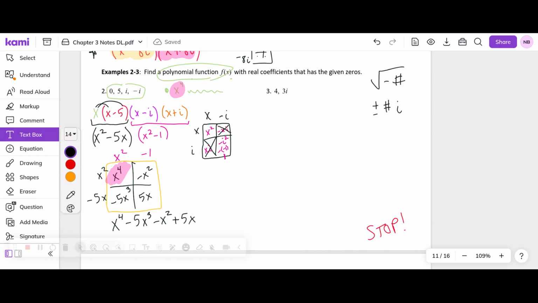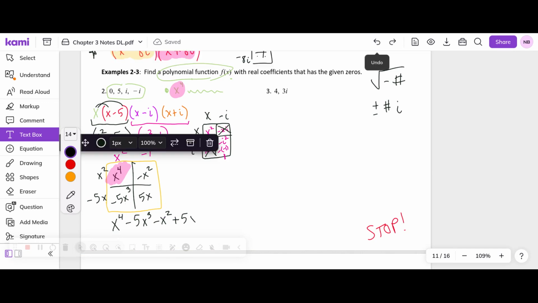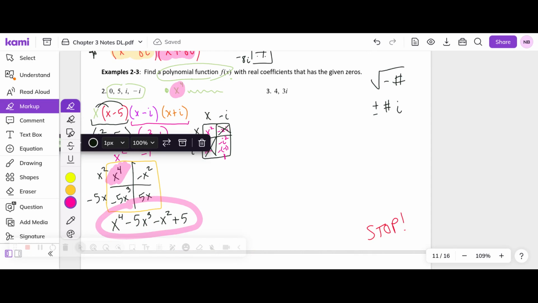Nothing can really be combined, so that would be our final solution. That would be the polynomial function with real coefficients, and it has those zeros.